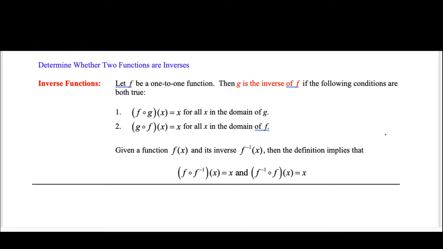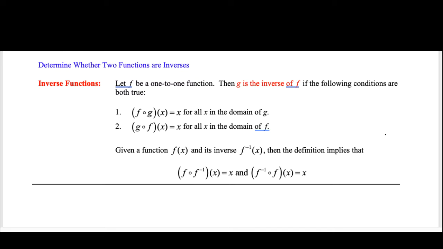Here is a test you can apply to determine whether two functions are inverses of each other, using the function composition method that we looked at earlier in the class. If we let f be a one-to-one function, and we define g as the inverse of f, the following conditions are both true. If we compose the functions both ways, the result is just going to be x.